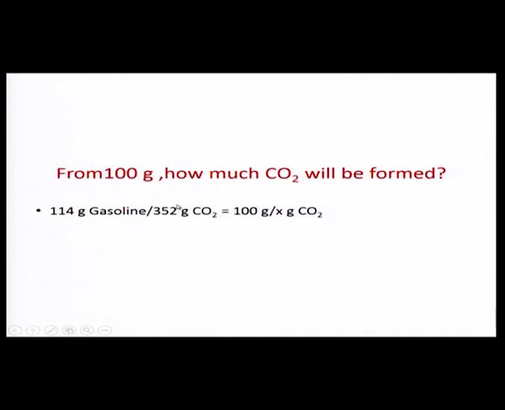Suppose we take 100 gram of the above fuel, how much carbon dioxide will be formed? We can calculate based on this stoichiometric ratio or the chemical equation. So 114 gram of gasoline gives 352 gram, equivalent to 100 gram into so many gram of carbon dioxide. So what is the amount of carbon dioxide? By putting all those things in, we can calculate.